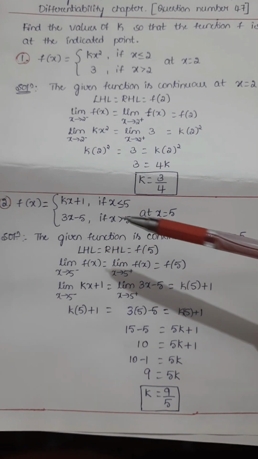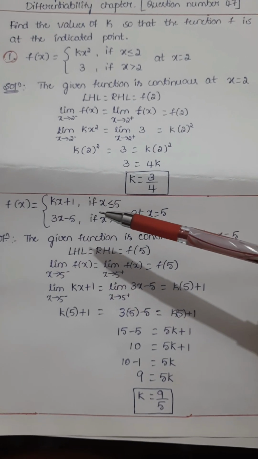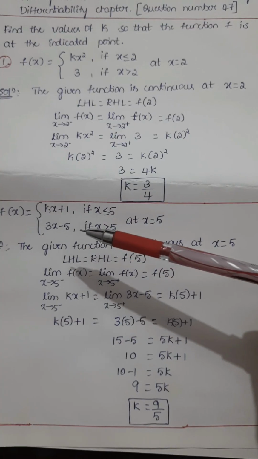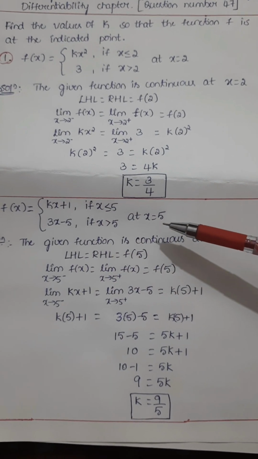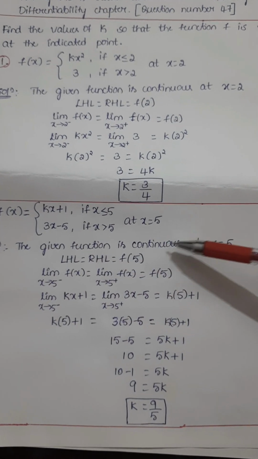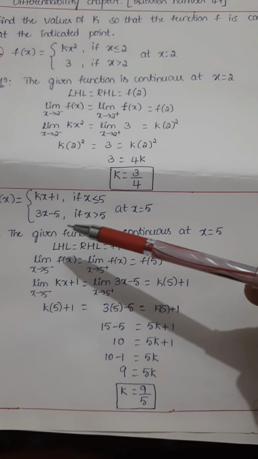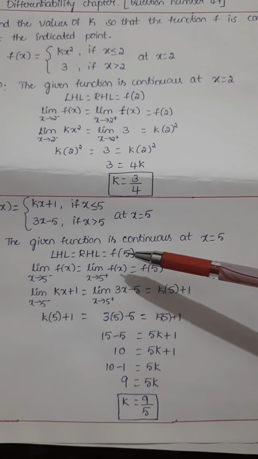Similarly, we can solve the next question. f of x is equal to kx plus 1 if x is less than or equal to 5, 3x minus 5 if x is greater than 5, at x is equal to 5. Here also the given function is continuous at which point? At x is equal to 5. Condition: LHL is equal to RHL is equal to f of 5.